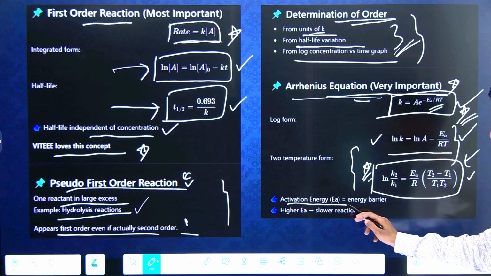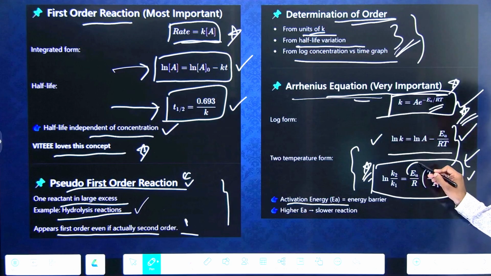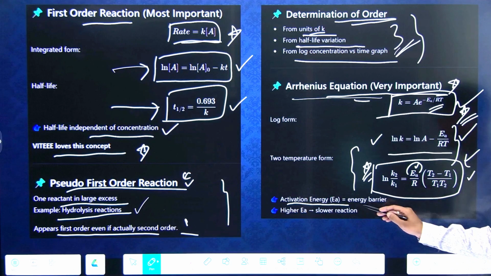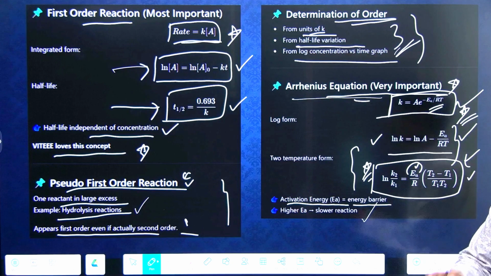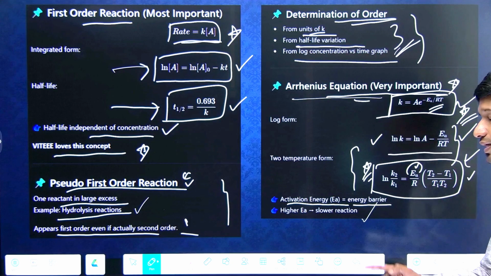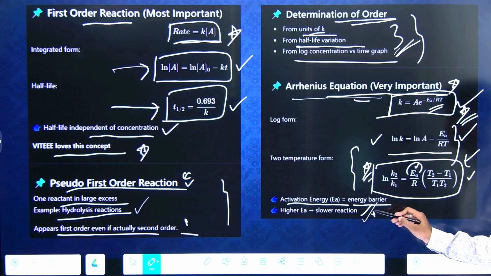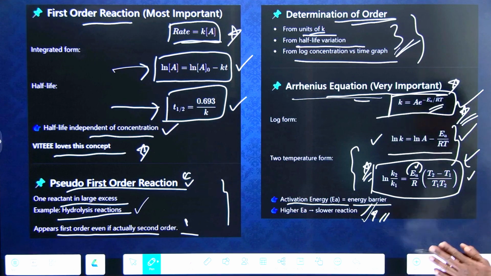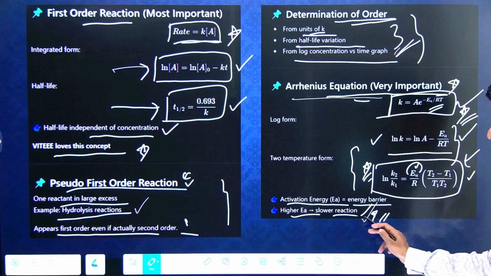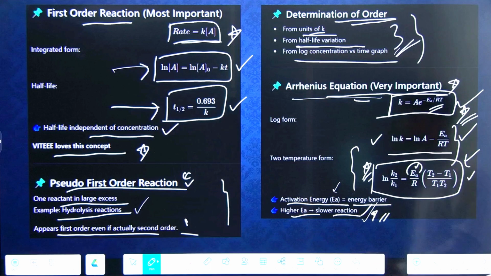Activation energy Ea is the energy barrier. If Ea is higher, it implies the reaction will be slower. This is the most important point: in the Arrhenius equation, a higher Ea means a slower reaction.